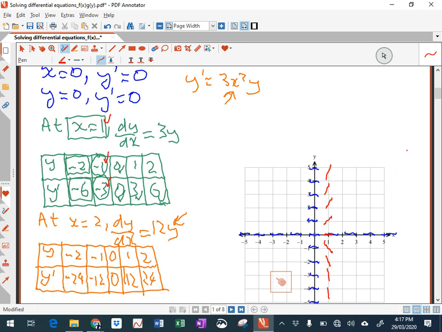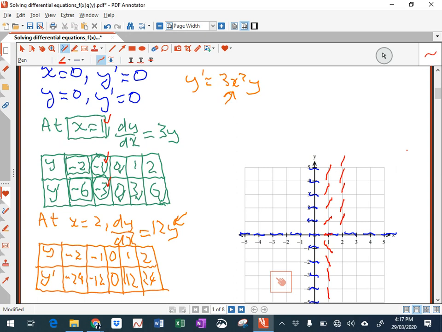At x equals 2 and y equals 1, I'll do the positive ones first, that's a gradient of 12, which should be steeper than the previous one. And at x equals 2, y equals 2, the gradient is 24, really steep. So you can see that's just going to be getting really steep.